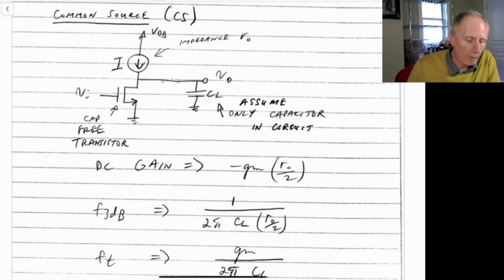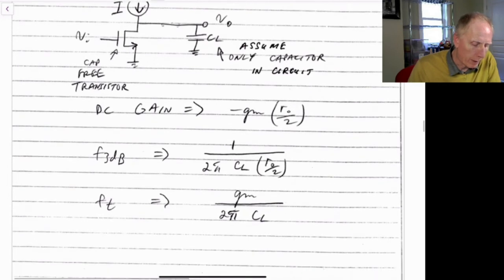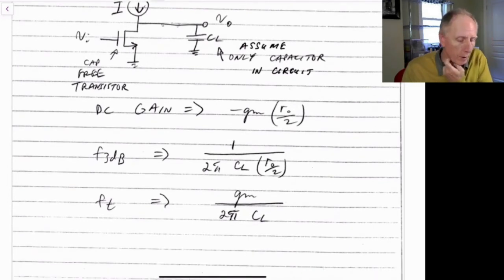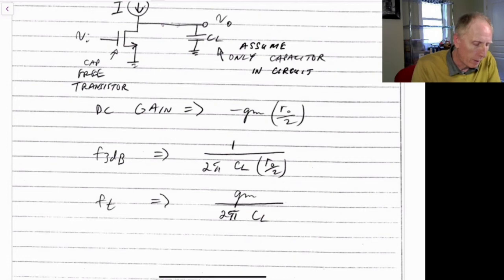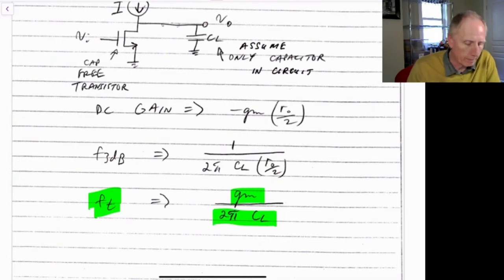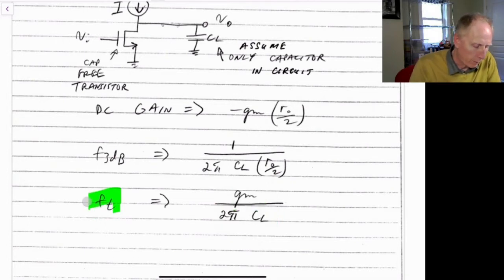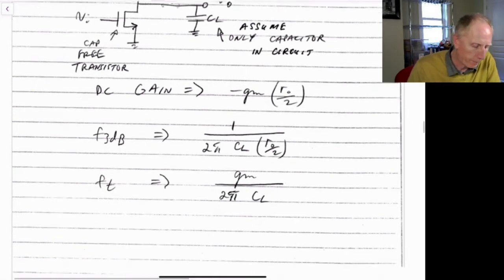So that becomes our 3 dB frequency. If we multiply those two together, because we assume that gm R naught over 2 is much greater than 1, that gives us our unity gain frequency, which is gm divided by 2 pi CL. Nothing too new here, just a simplified version of what we saw before.